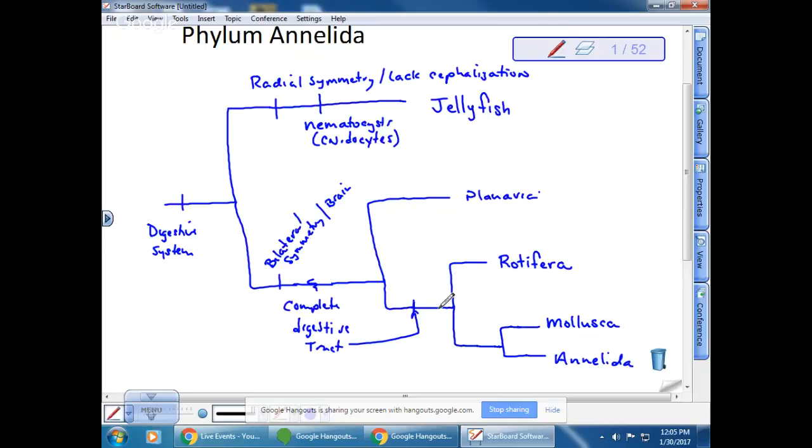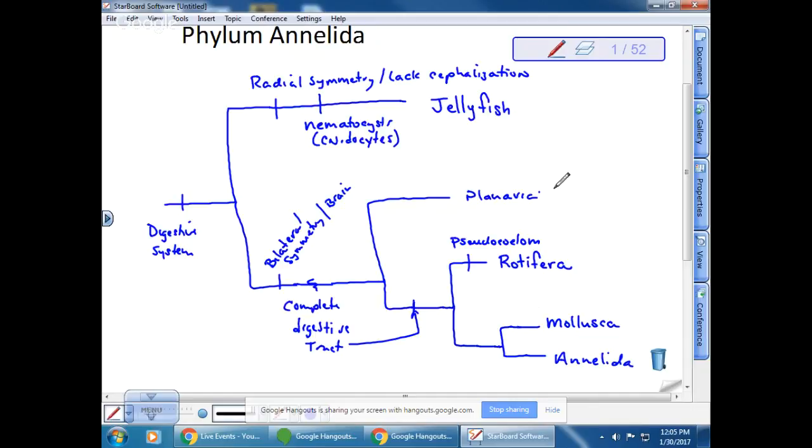But we also have a coelom. So this is what is referred to as a pseudocoelom. So this is a body cavity. Remember that the planaria is dorsoventrally flattened. What that means is that they do not have a body cavity. It also means that nutrients just have to diffuse across the surface of their gastrovascular cavity, and it has to diffuse to all of the tissues.